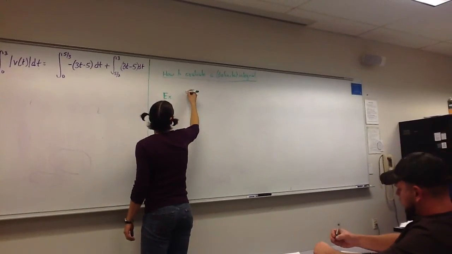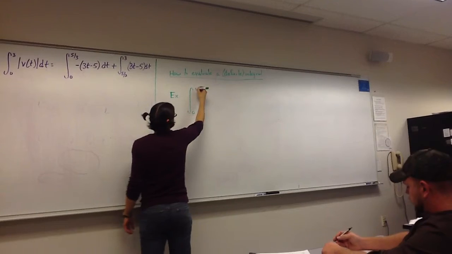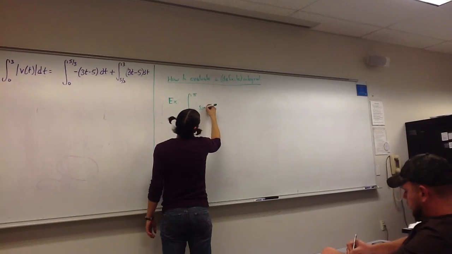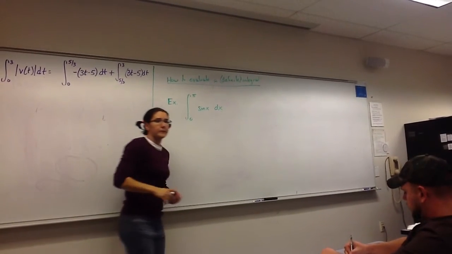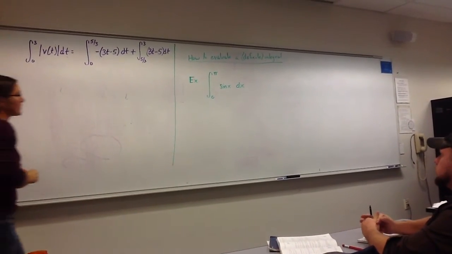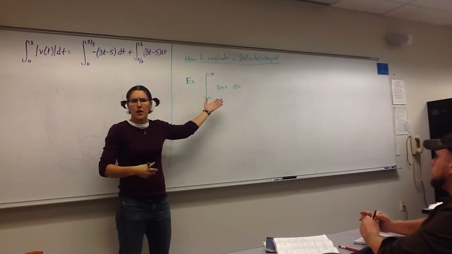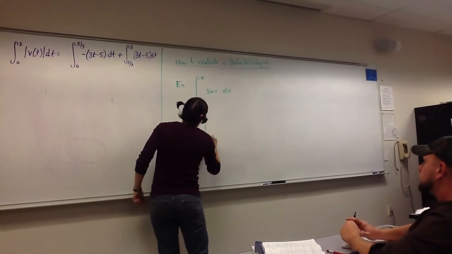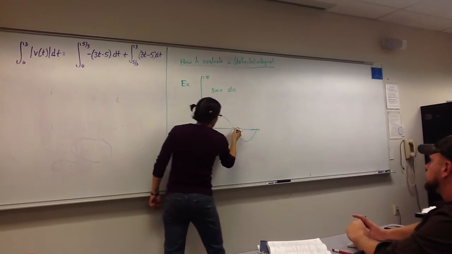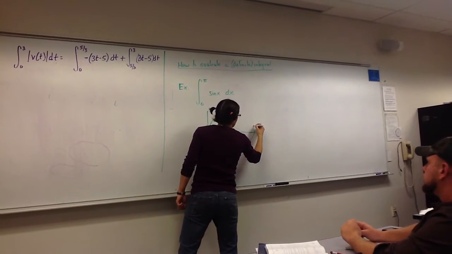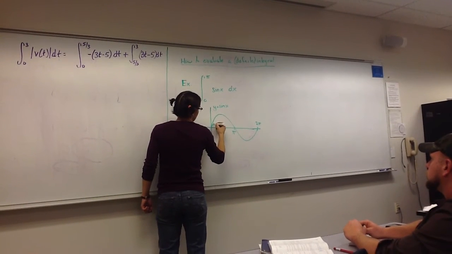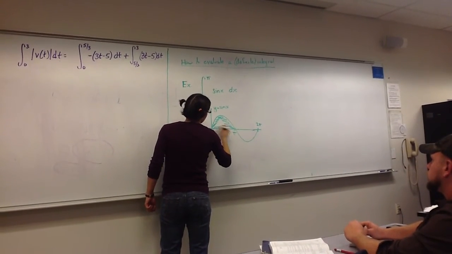Okay, so one example that we looked at when we were looking at approximating integrals was the integral from 0 to pi of sine x dx. And we approximated this integral by looking at rectangles and drawing a picture of y equals sine x, focusing on the portion along the interval from 0 to pi.